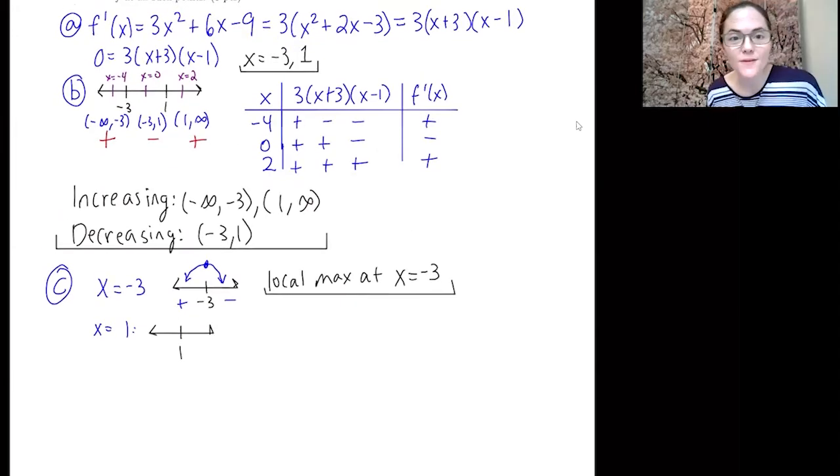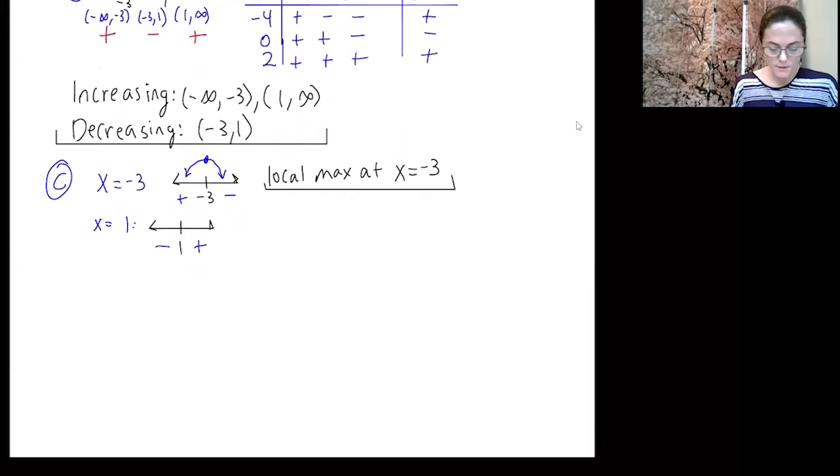If we look above, we found decreasing, then increasing. So decreasing, then increasing, and we can sketch. We are decreasing, horizontal tangent, increasing. Okay, it looks something like this, right around 1.